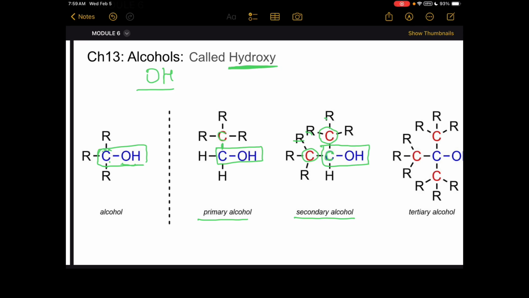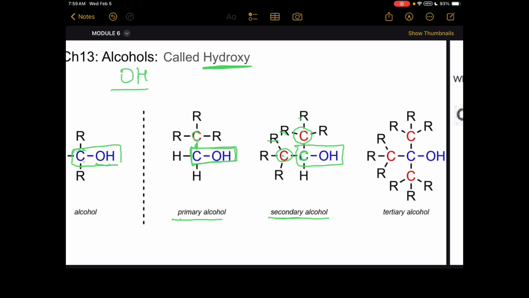The center carbon is the one that's connected to the OH. If there is one carbon connected to the center carbon, that's primary. If there are two carbons, that's secondary. If there are three carbons attached to the center carbon that contains the OH, that's a tertiary alcohol.